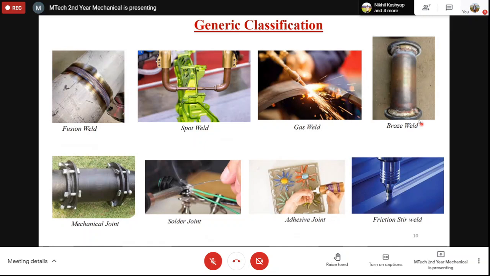The brazing you can see, this is where you get the braze weld and the braze joint like this. This is an example of friction stir welding. This is a tool which is rotating at some RPM and also moving at some speed. So this is how you will get a friction stir joint. For the adhesive joints, you use some adhesives to get the adhesive joint.